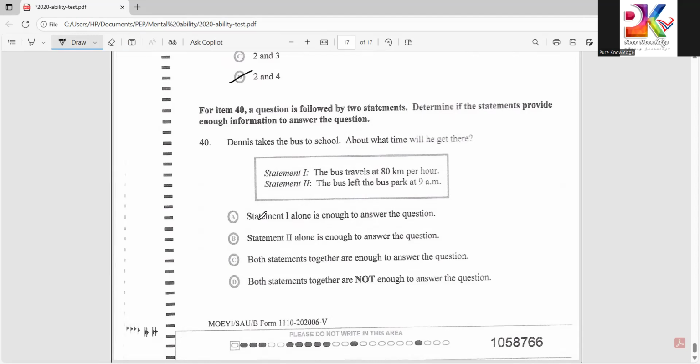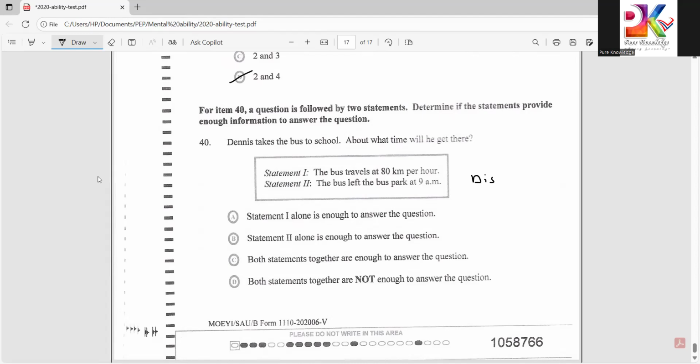Is that enough information? So is statement 1 alone enough to answer the question? No, because knowing that the bus travels at 80 kilometers per hour would not be sufficient. They would need to know the distance, right? How much distance it traveled. So without the distance, these two statements alone are not enough.